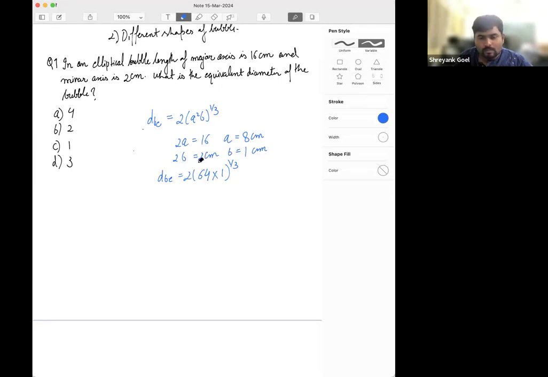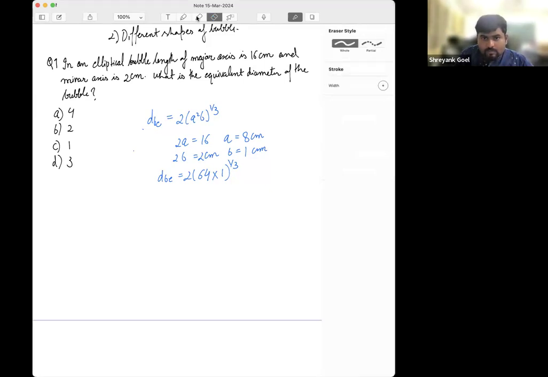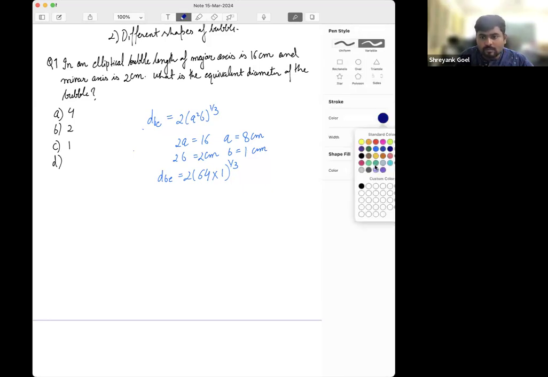And we have to check the options. I think the options are for the other question. Should be 8. Okay, so the correct question is this.